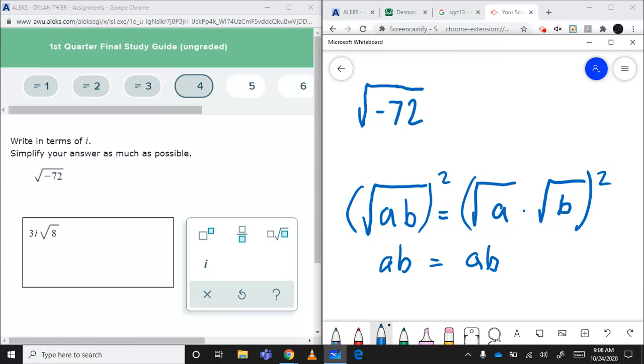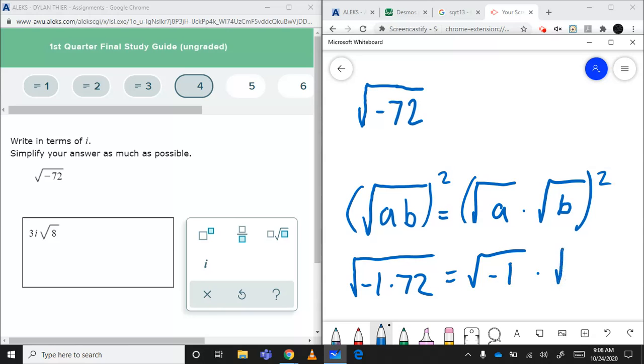Now, in our example, we are going to be saying that the square root of negative 72 is basically like the square root of negative 1 times the square root of 72.